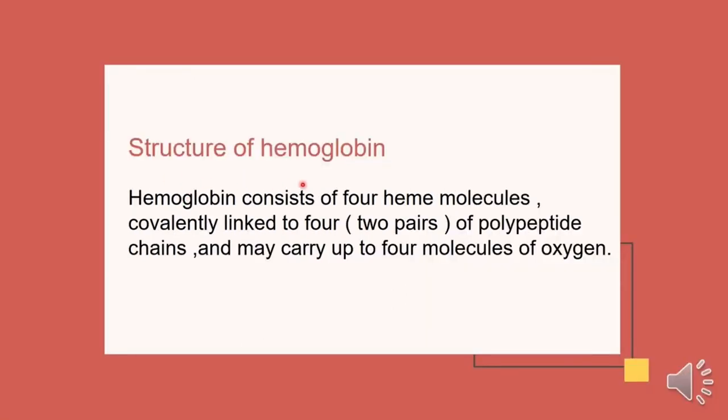The structure of hemoglobin consists of 4 heme molecules covalently linked to two pairs of polypeptide chains. So from its name, it consists of heme and globin and may carry up to 4 molecules of oxygen.